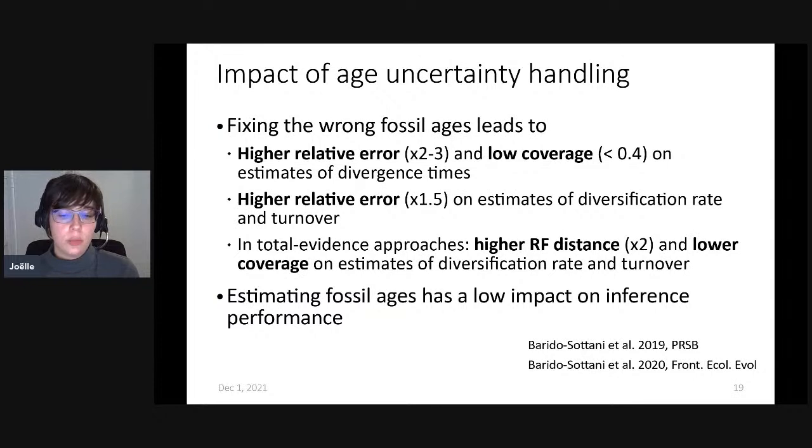We did find that it was, I think, about 20% slower, but we expected something like twice as slow or something like that. And it didn't happen. So definitely, based on those studies, my advice would be to sample the age uncertainty and really try to integrate that into the inference, because that seems to make a big difference on what happens.